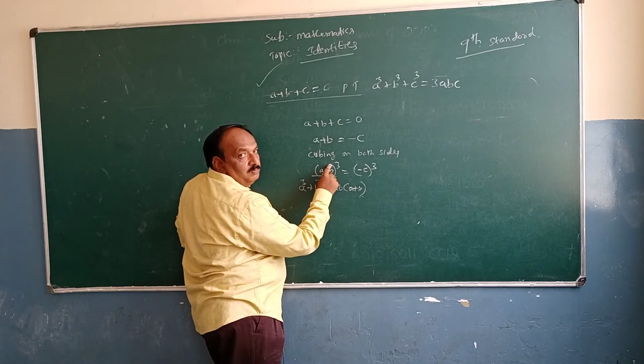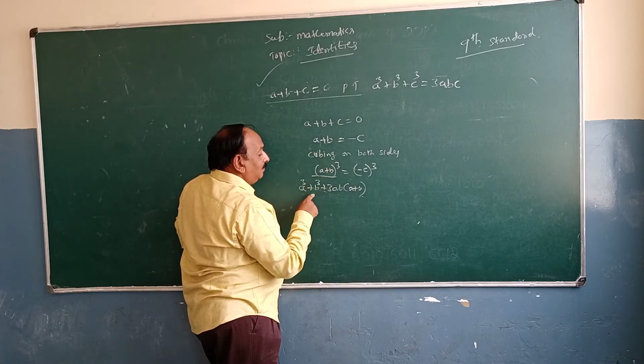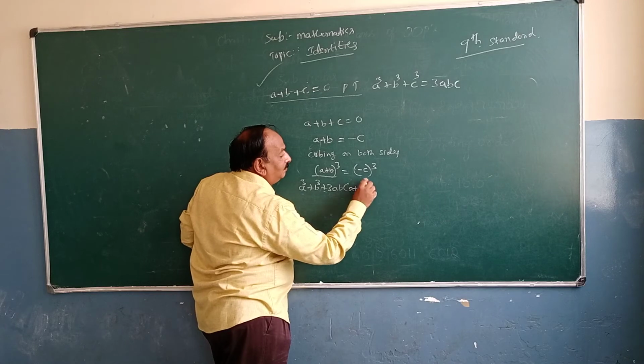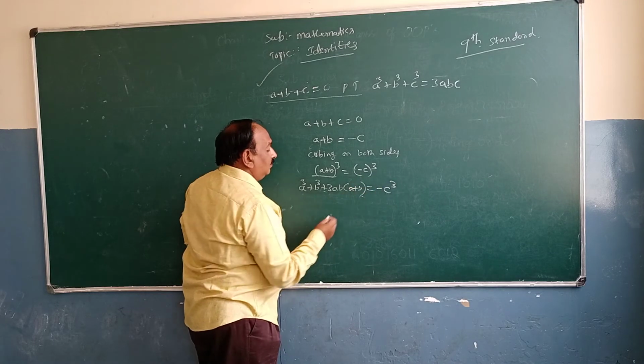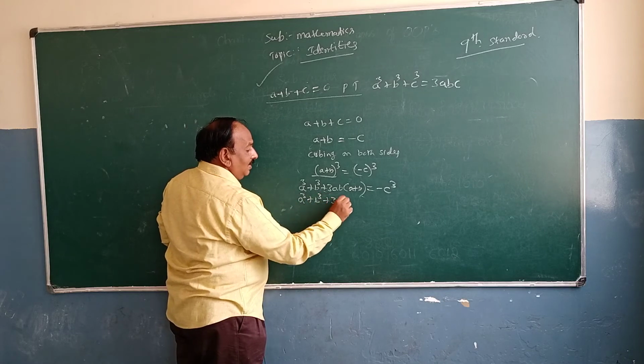a plus b whole cube can be written as a cube plus b cube plus 3ab into a plus b, that is equal to minus c cube. a cube plus b cube plus 3ab.